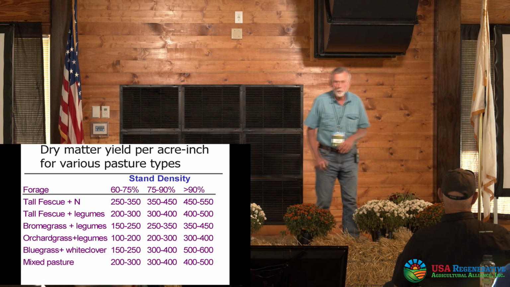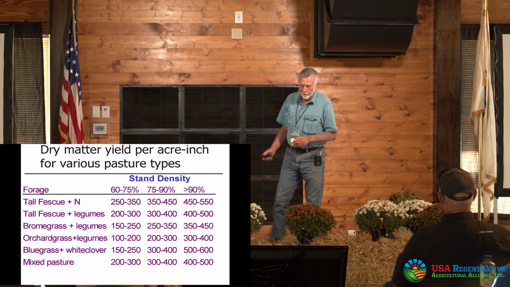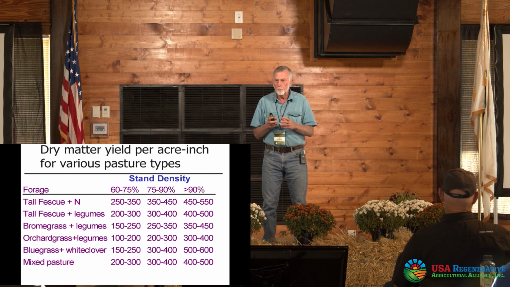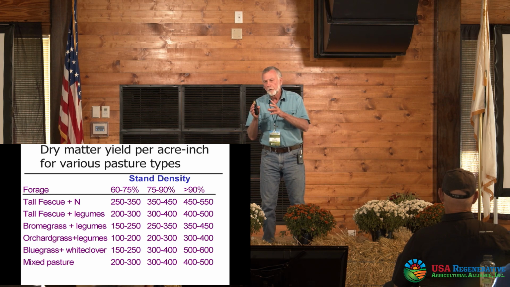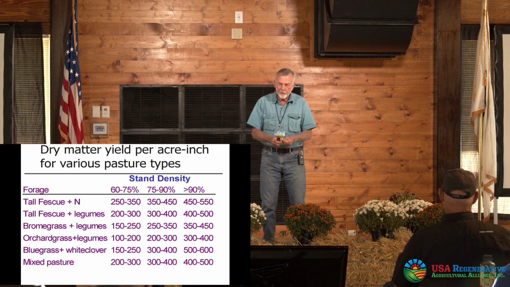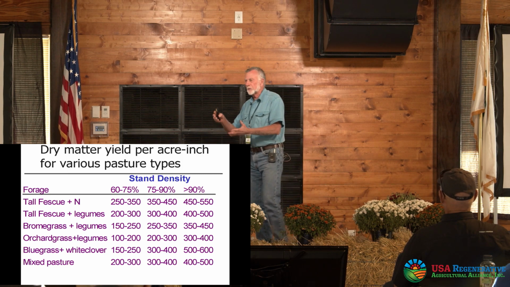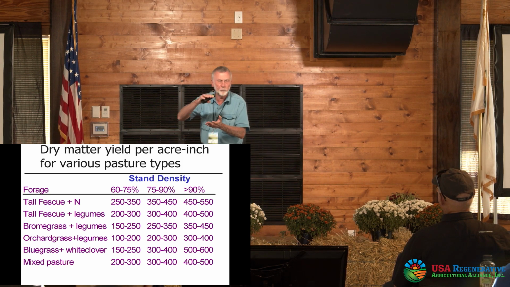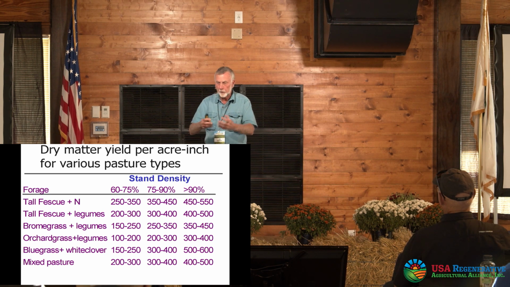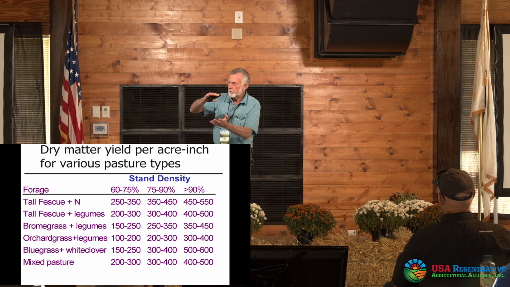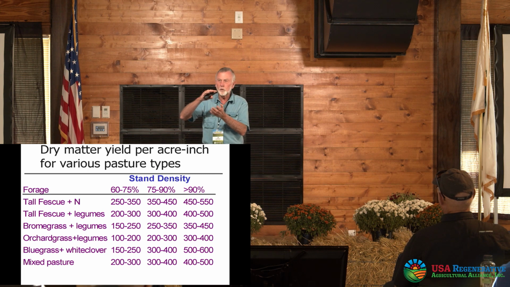And if you look at something like the bluegrass white clover, and now don't think of a ragged little thin worn out piece of bluegrass. Think about the nicest luscious bluegrass you have seen, and it's thick with white clover, and it's really dense. That stuff can have 500 to 600 pounds of dry matter forage per acre inch.